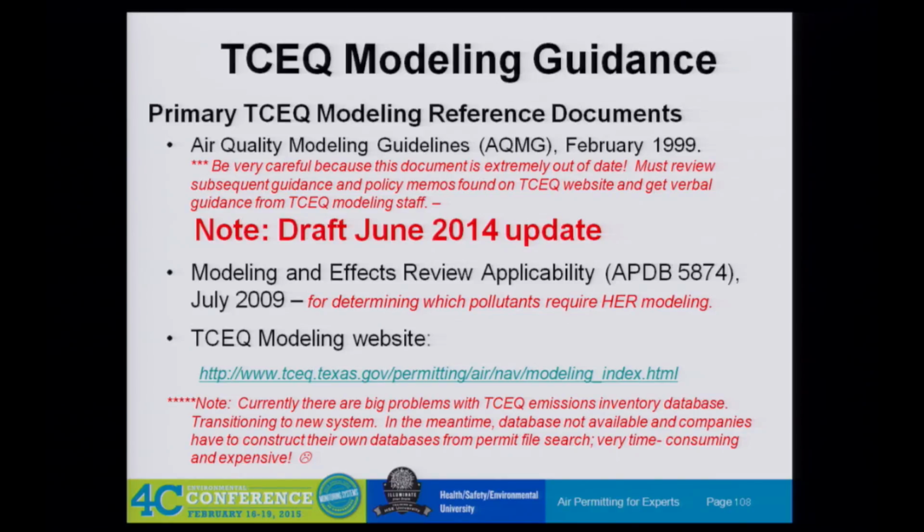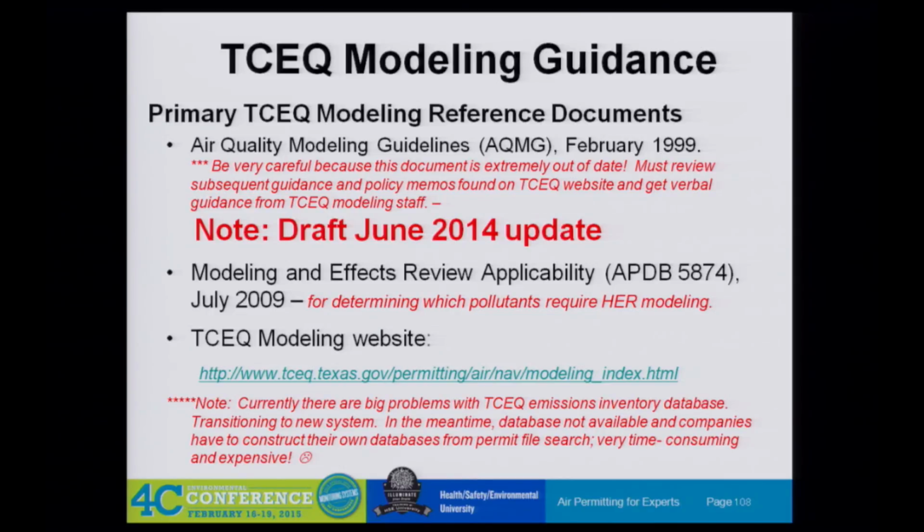Reading through the draft, I didn't see any fundamental shifts, other than they added a whole lot of stuff for the new NAAQS and how you determine representative monitoring stations. Then there's a modeling and effects review applicability document to determine which pollutants require the health effects review. Those two documents make up the main modeling guidance in Texas.